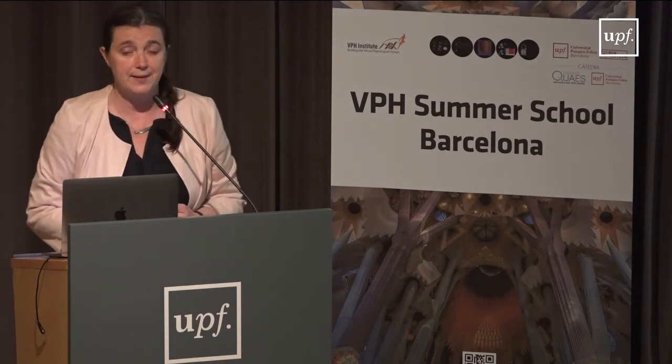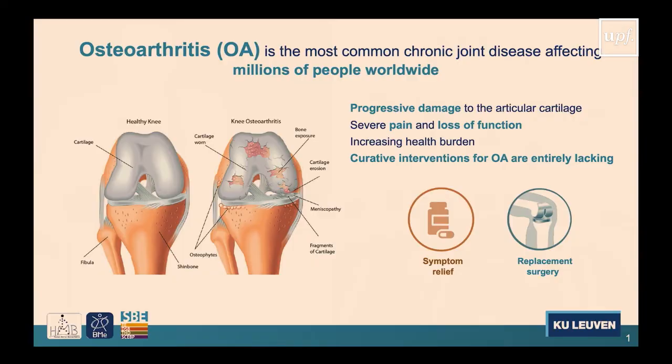Patients will present with pain and loss of function. If you look at the loss of years spent with good quality, it has a major impact in society. And also because of the problem of obesity, we see that there is an increasing health burden also because people are living longer.